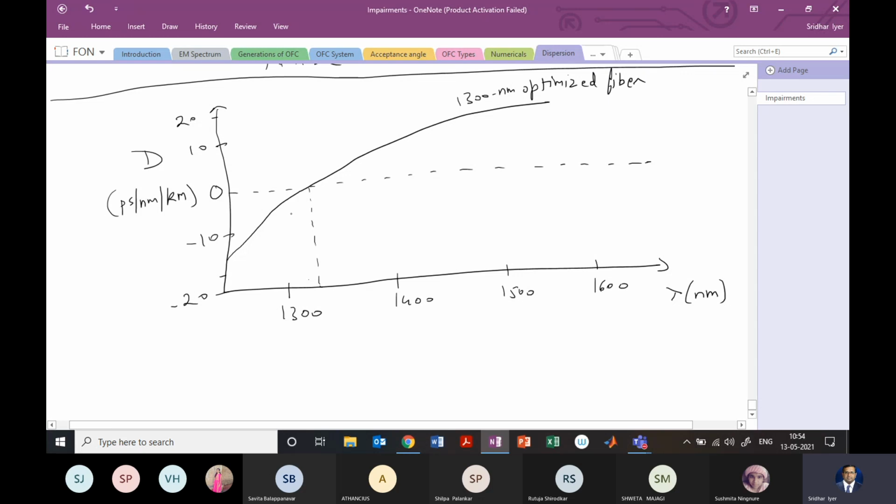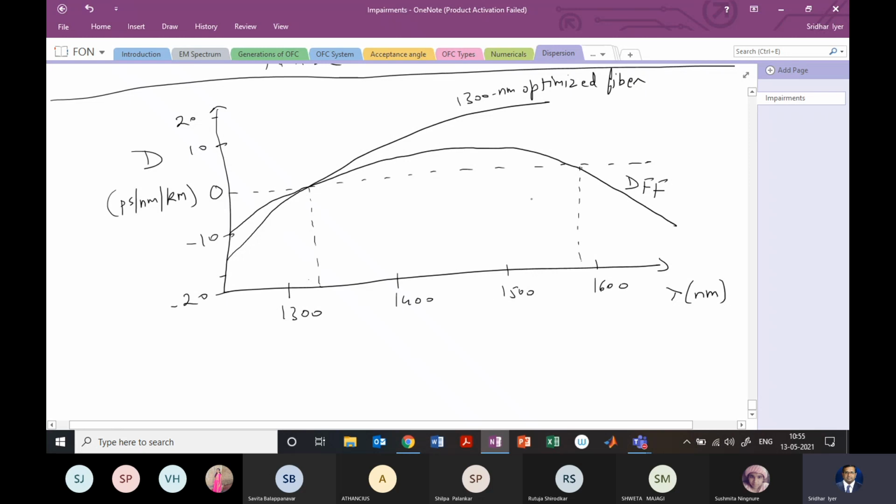If we use a dispersion flattened fiber, then we will get zero dispersion over a range of wavelengths. So in that case, we get a profile like this, and you get zero dispersion at multiple wavelengths. So this is your dispersion flattened fiber.